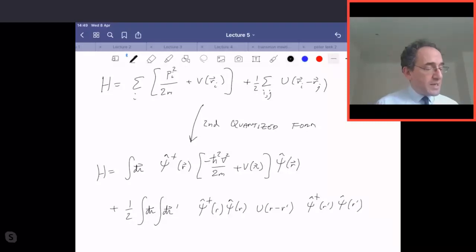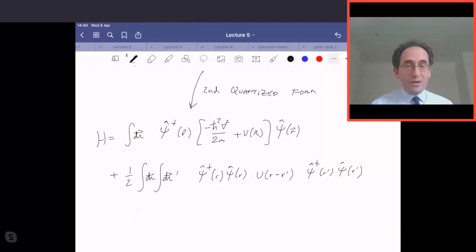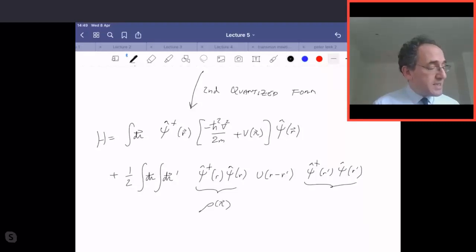Okay, let me make a couple comments about this Hamiltonian. It's not quite right yet. It's almost right. So this term here is just the particle density at position R, and this is the density at position R prime.